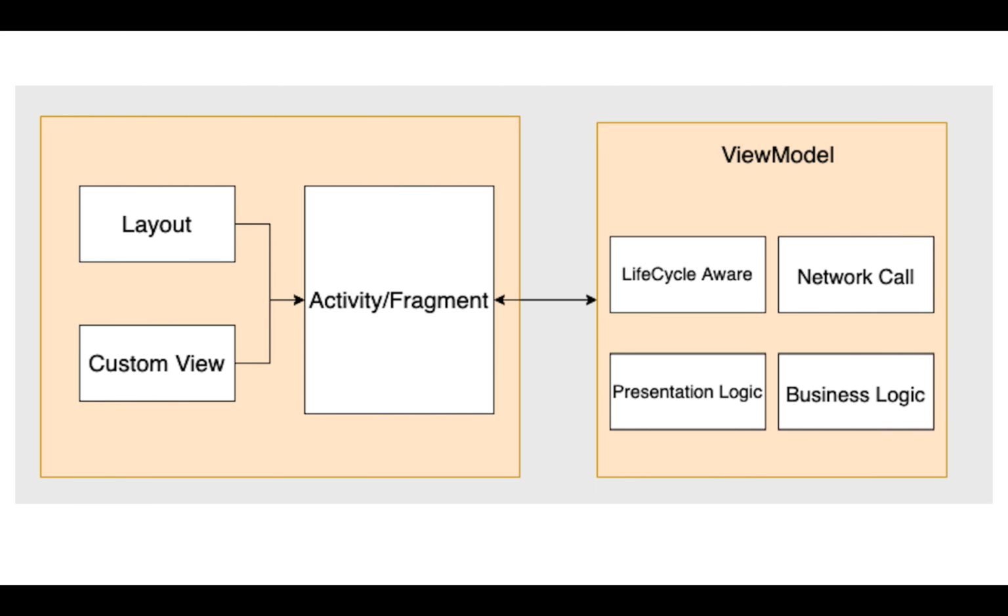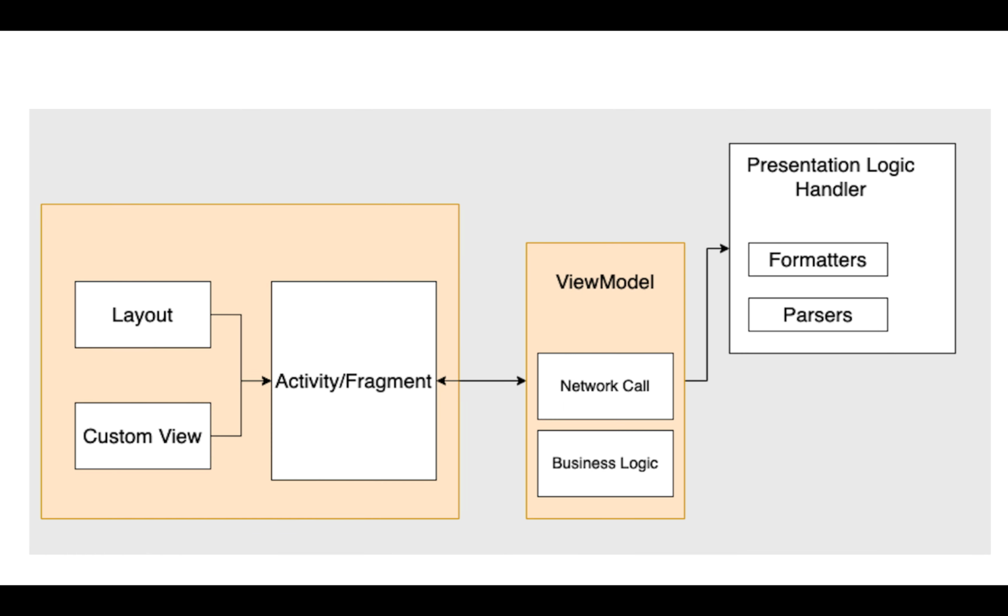Now we found that the presentation logic became huge, and also the business logic and network logic are huge. So my ViewModel now became like a God class, and I cannot reuse some of the code from the ViewModel.